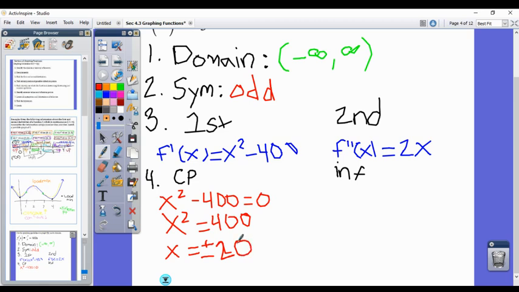All right, and then for our inflection, we're going to set our 2x equal to 0. So x equals 0.